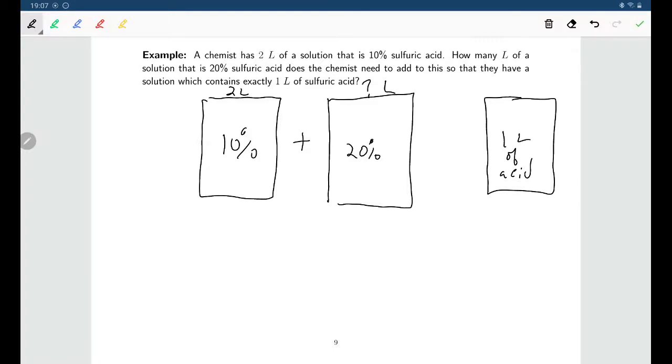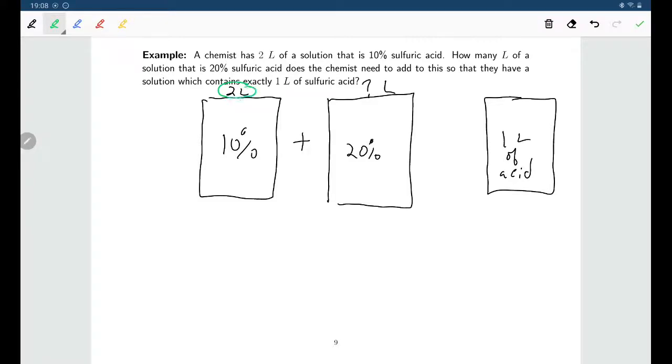So we have to be a little bit careful when we're reading things. This is one of the places where word problems can be difficult. We have to think about what exactly is it that we're looking to solve, what do we know, and how do these values relate to each other. One thing that's important to notice here is that we're using liters to refer to 2 different kinds of things.